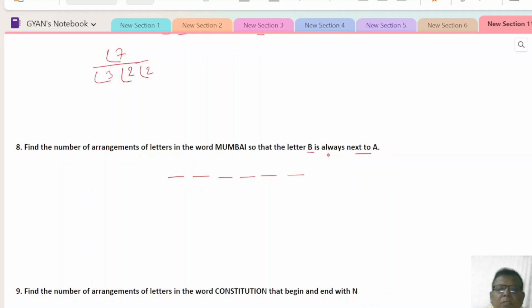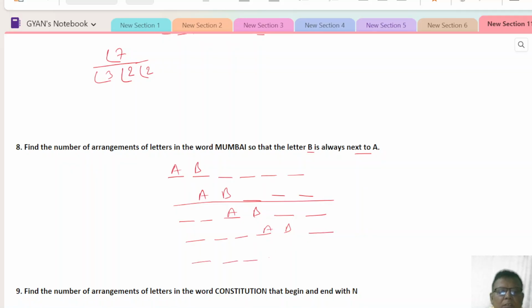So B is always next to A. So AB or AB or AB or AB or AB.